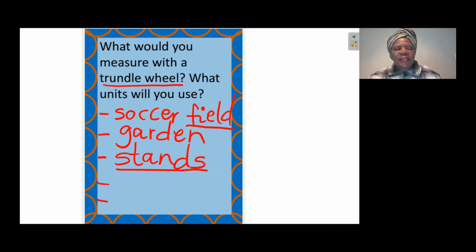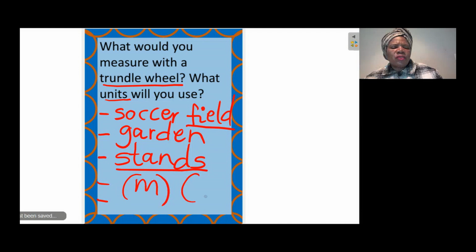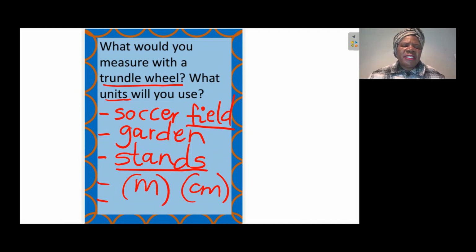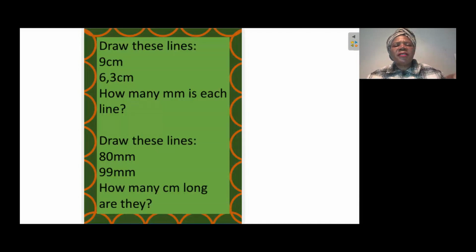You would use it because they are reasonable to be measured using a trundle wheel. And what units will you use? Obviously we are talking of meters, although some trundle wheels can also measure in centimeters.